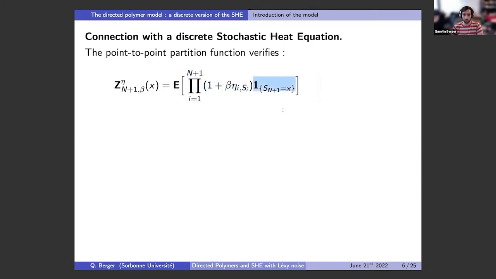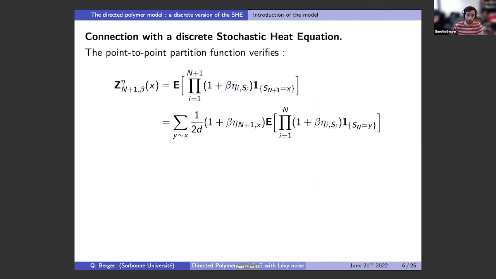You restrict trajectories to end up at x at time n+1, and you sum over all such trajectories. Here you can use some kind of Markov property. In that product, since the last position at n+1 equals x, what I have is 1 plus beta times the random variable at time n+1 and position x. And then you can sum over all previous positions.